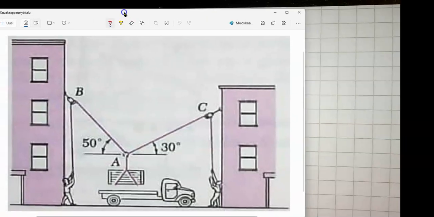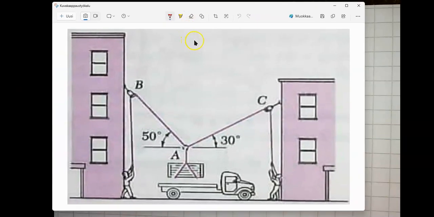I will start from a picture taken from one book.